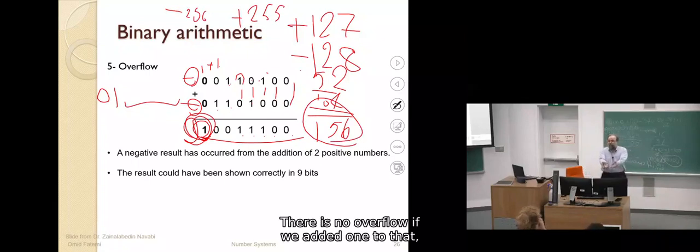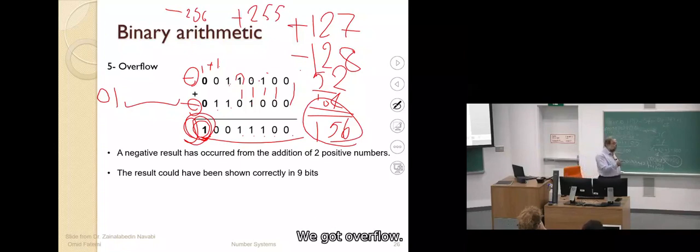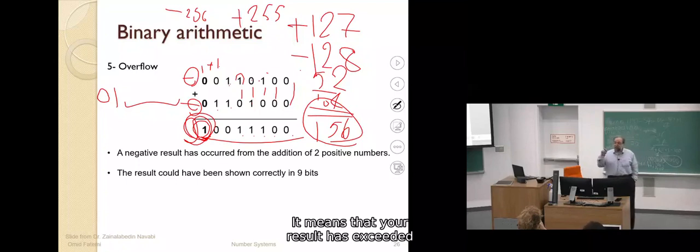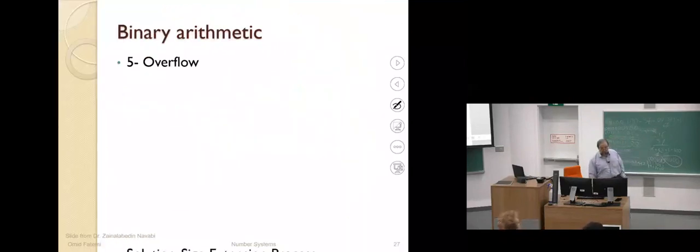But we were in 8-bit. In 8-bit, we got overflow. It means that your result has exceeded 127, and you should take care of that. Something is wrong if you are calculating in signed numbers.